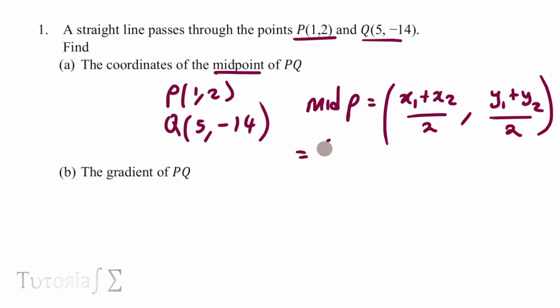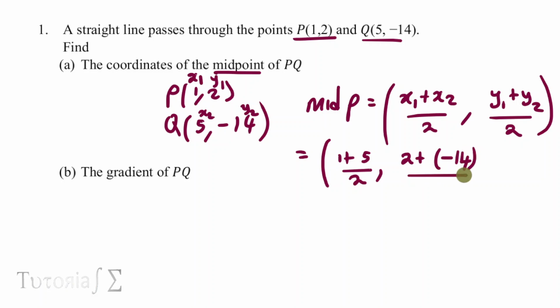Basically we put our x1, y1 on top here, then this will be our x2, then our y2. So our x1 is 1, plus our x2 is 5, divided by 2, comma, our y1 is 2, plus our y2 is negative 14. We need to put the brackets on this side for the negative 14, then everything divided by 2.